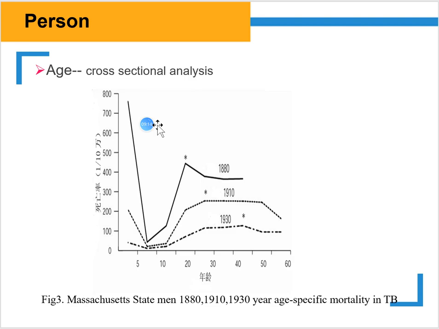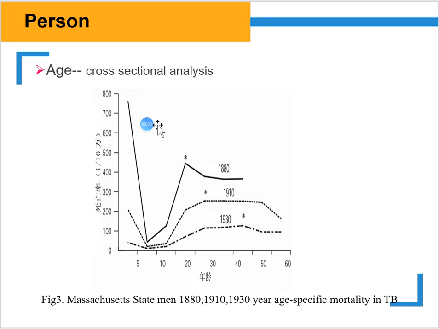Figure 3 is age-specific mortality of tuberculosis in Massachusetts state men in 1880, 1910, and 1930. The abscissa is age.